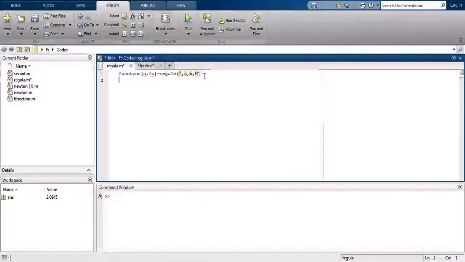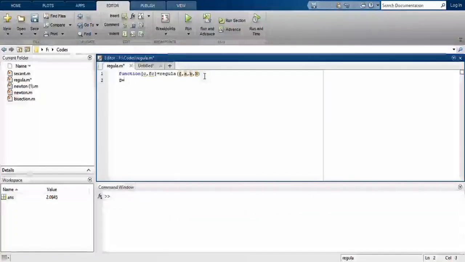So first is the function. F is equal to, the question we have done is x cubed minus 2x minus 5. The root was between the interval 2 and 3. So a is equal to 2 and b is equal to 3. We have two more values required, f of a and f of b.